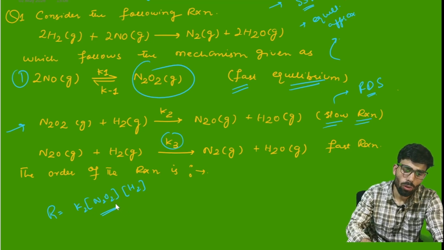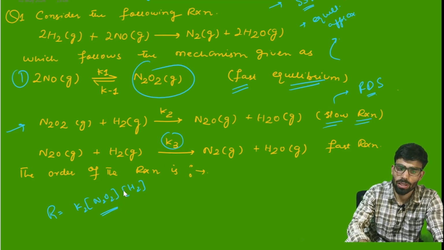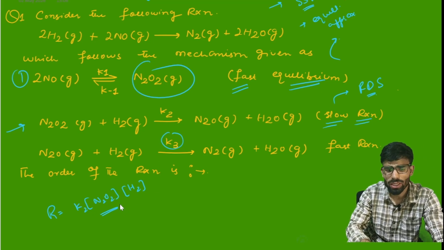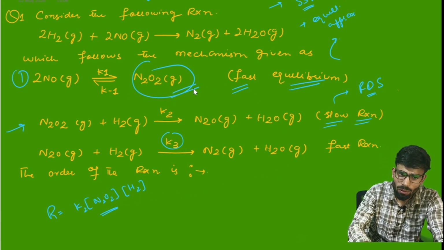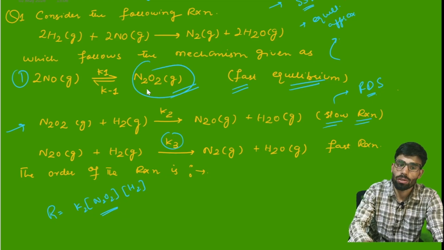In order to calculate the concentration of the intermediate, because intermediates are short-lived, deriving their exact concentration is very difficult. As they are short-lived, we will use the equilibrium step in order to reduce the concentration of N2O2.